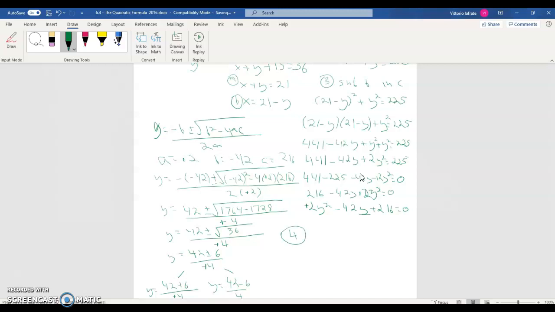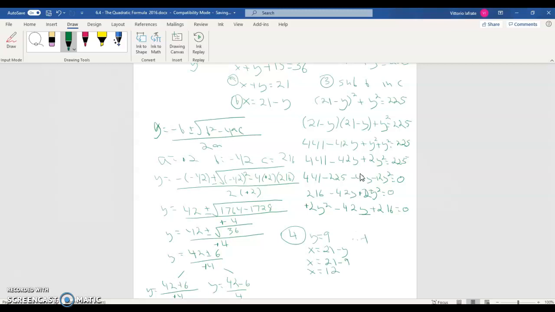So we have y is equal to 9. And we know that x is equal to 21 minus y. So x would have to be 21 minus 9. So x would have to be 12. So what that means is that our two sides are 12 and 9 units.